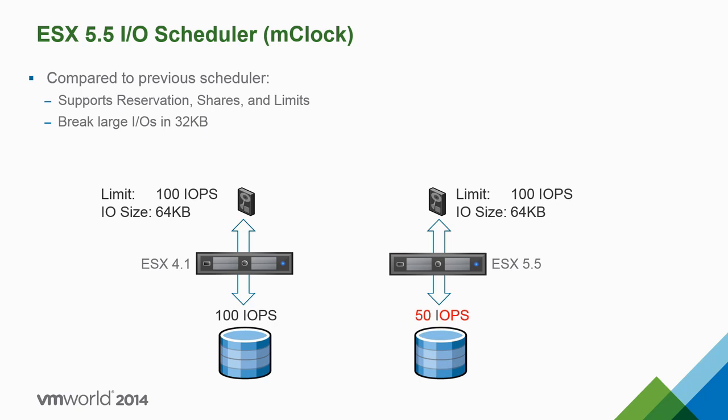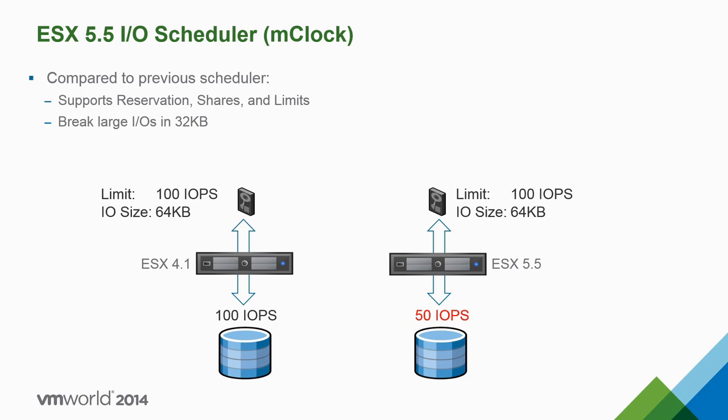Each IO was always counted as 1. In the new scheduler, this behavior has changed, and that's probably one of the confusing things in the field today based on some of the blog posts that I see. What that means is that in the new scheduler, the IOs are accounted based on the size. So there's a normalization going on.